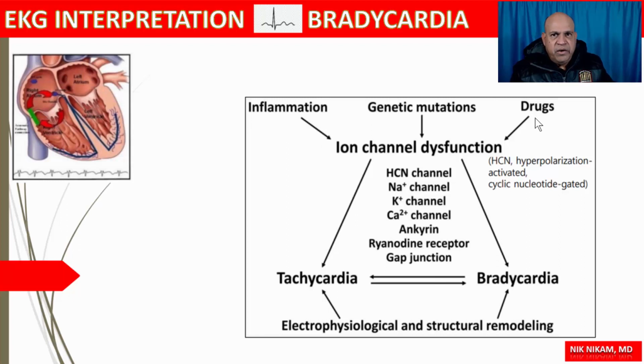Whenever you see bradycardia, you always have to look at the patient's medications, reconcile their medications, and see if the medications are the main cause for bradycardia. Here are the electrolytes that are used in the action potential, which we covered in earlier chapters.